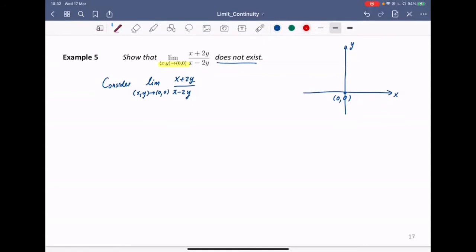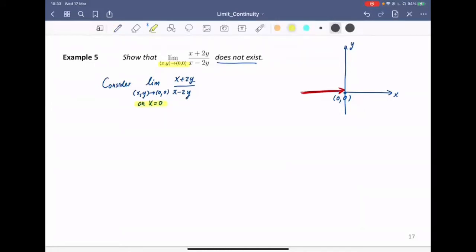So the first one I'm going to pick, let's say x equal to 0, this line. Let's look at the behavior of the limit by using the line x equal to 0. For the notation, I'm going to add one more line and say here, on x equal to 0.